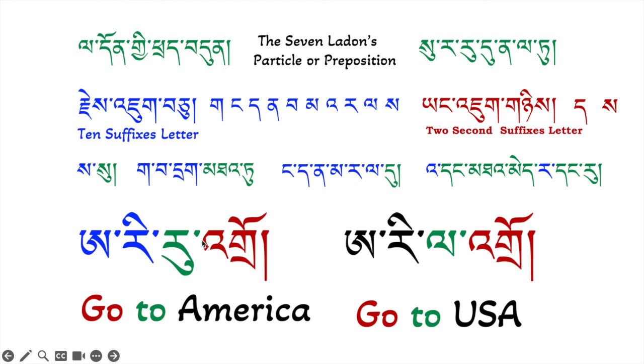So in order for ari and do to make sense, we have to have this Ladin preposition, otherwise it doesn't make sense. The definition of Ladin is just a word that, when put together with the verb, makes sense. Otherwise it is left alone and doesn't make sense.